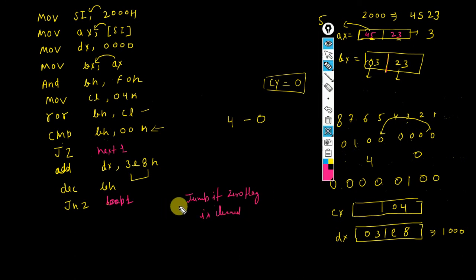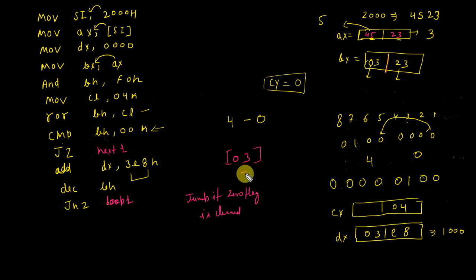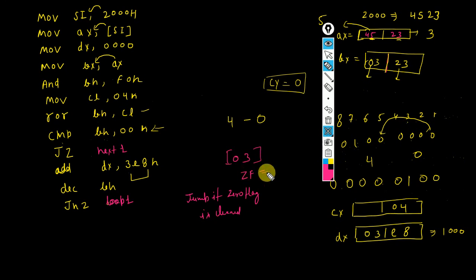In this case the BH register content is 03, so our zero flag indicates 0. Jump if zero flag is clear: here the value of the zero flag is 0, which means it's clear. So move to this loop 1.